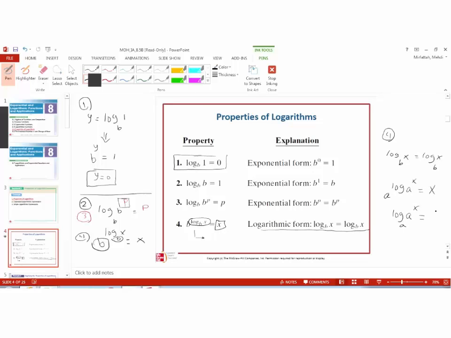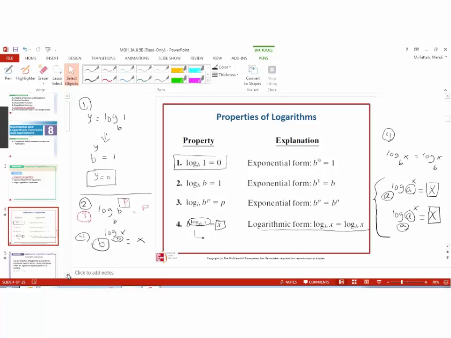Either way would be equal to x. So when the base of the logarithm and the base of the exponential are equal to each other, the whole thing would be equal to x. This is a very handy formula that you can use to simplify expressions very quickly. So these are the good properties to remember. So just write it down on paper to remember that.